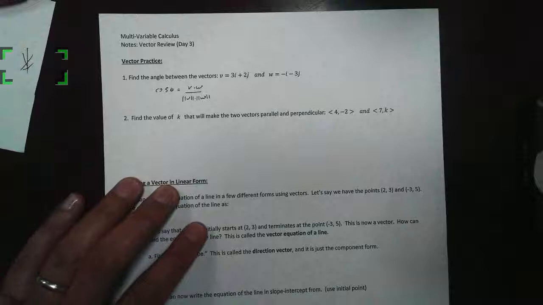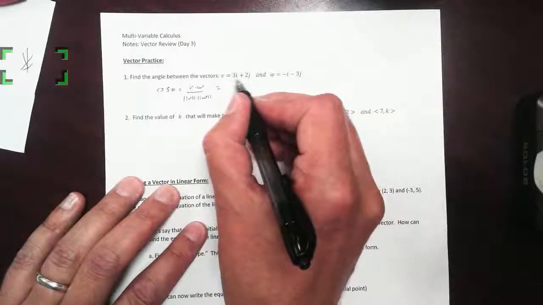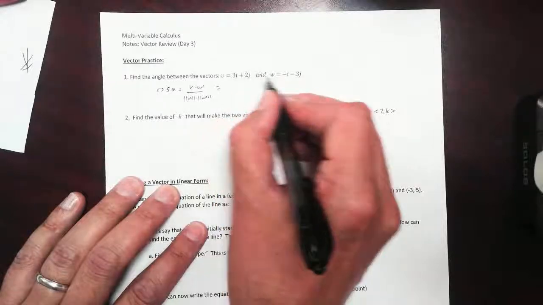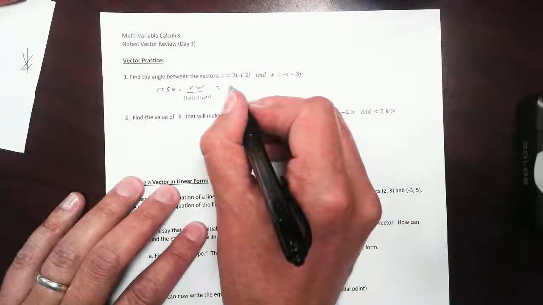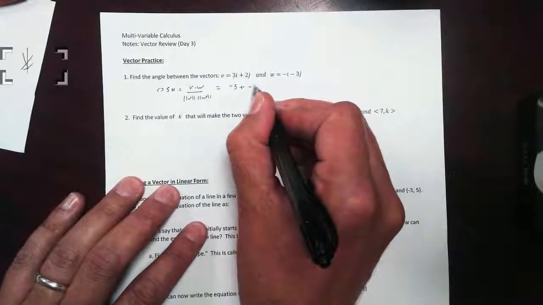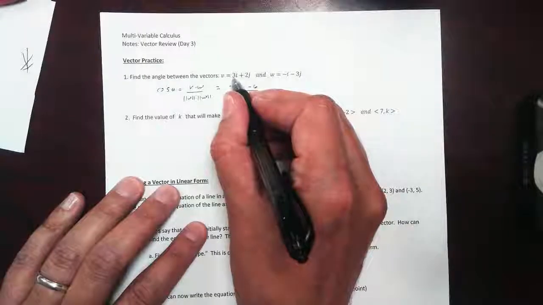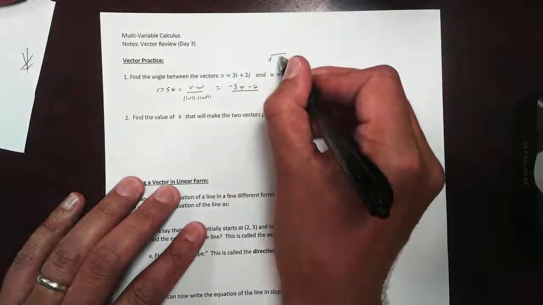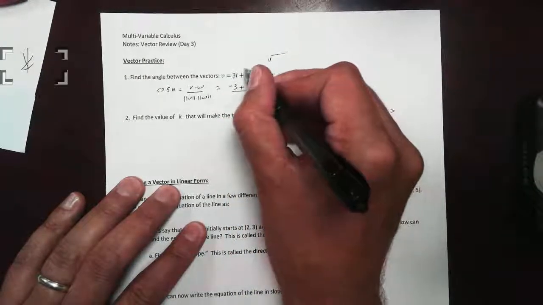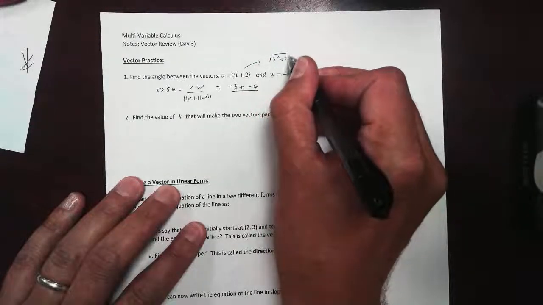So in order to calculate this, the first thing we're going to do is, of course, take the dot product, which is going to be 3 times negative 1. So that's going to give us negative 3 plus 2 times negative 3, which is negative 6. If we divide by their magnitude, remember the magnitude is just the square root, like the magnitude of v would be the square root of 3 squared plus 2 squared.